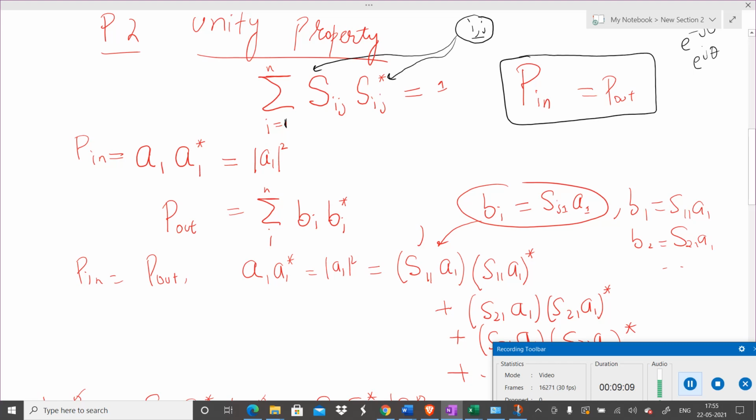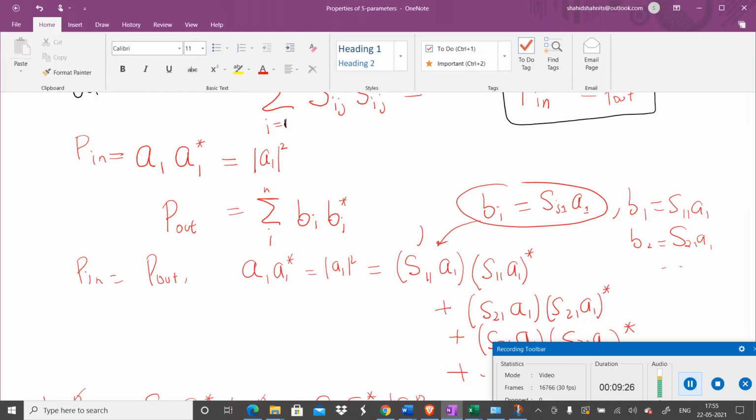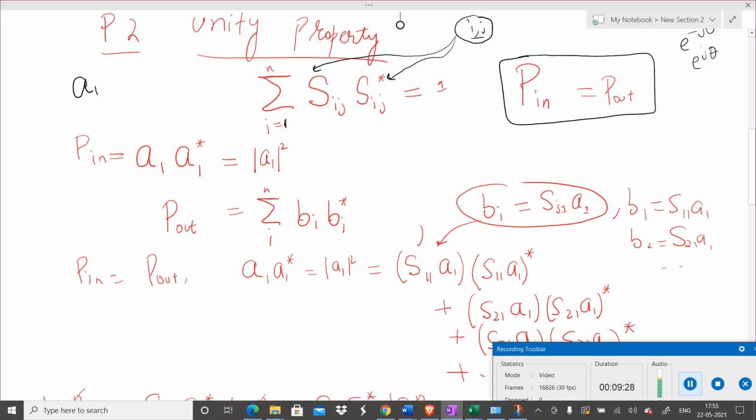Now let's assume that you are feeding in an electromagnetic wave at port 1. For port 1, we denote by A1 the corresponding parameter. This A1 is related to the voltage, which is generated corresponding to the electric field, because whenever you have an electric field, you can define the potential corresponding to it. So A1 can be used to define the power.